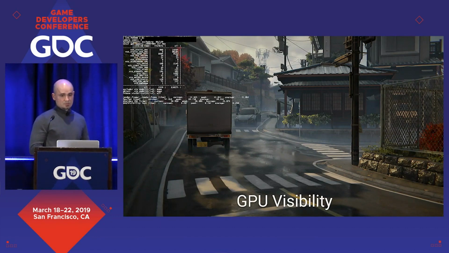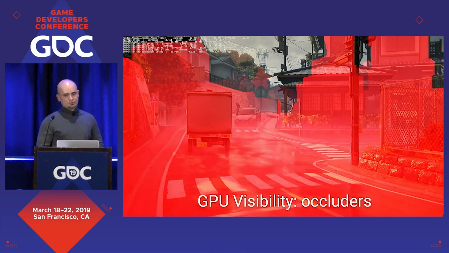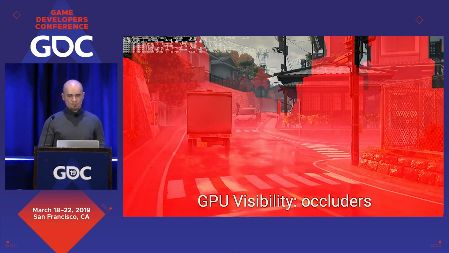Let's look at a particular example. This is one of the random spots in one of our biggest scenes, the Japan scene. There are not very readable statistics here, but it basically says that about 8% of the scene is visible from this point. Here are the manually authored occluders, which are rasterized into a fixed resolution depth buffer, and that depth buffer is then hierarchically downscaled down to 2x2 resolution.